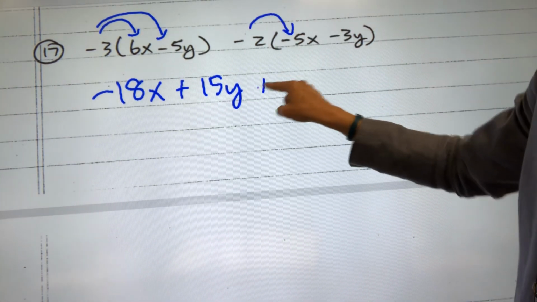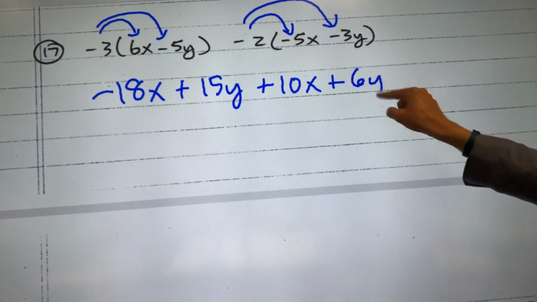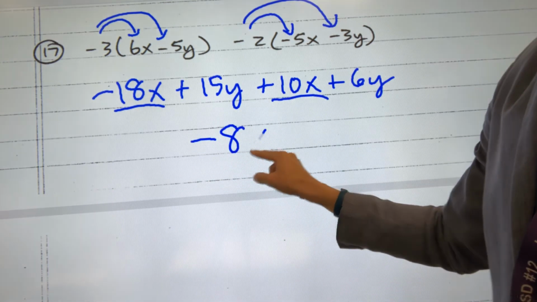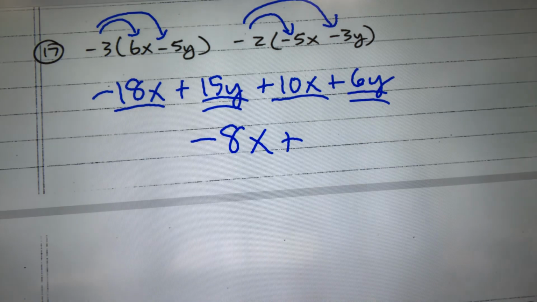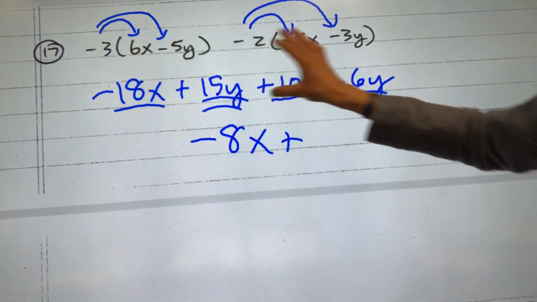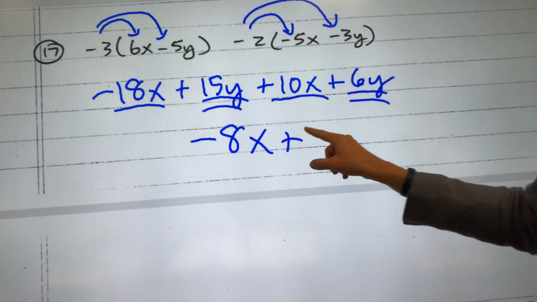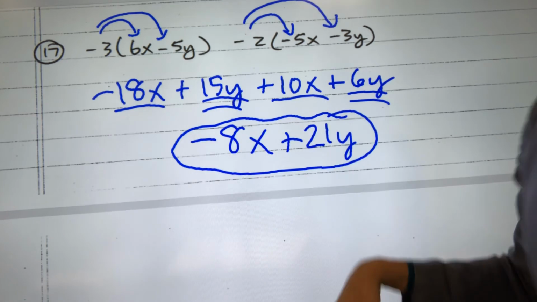Negative times a negative is a 10x. Negative times a negative is a 6y. Negative 8x plus, again, combine like terms. You had a negative 18 plus 10. That's how you get a negative 8x. You have a positive 15 plus 6. That's how you get a 21y. Show all that good work there, folks.